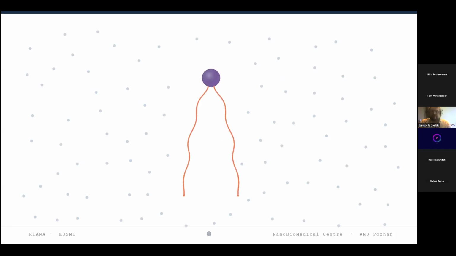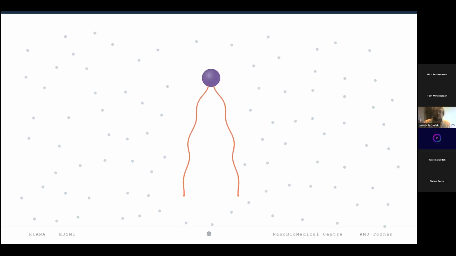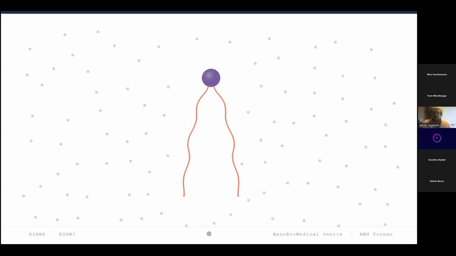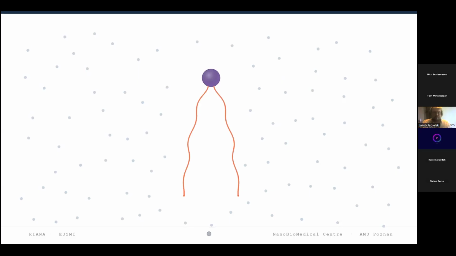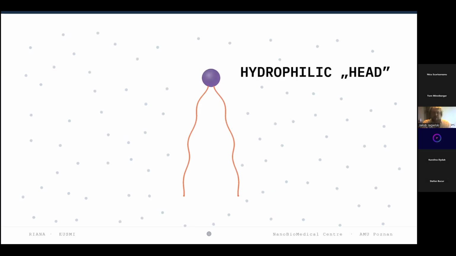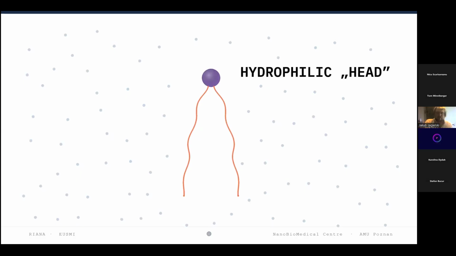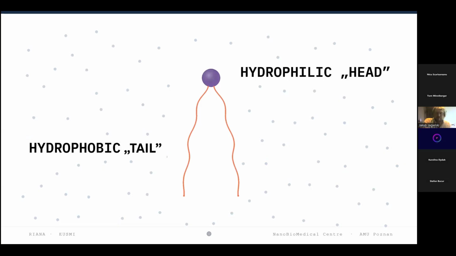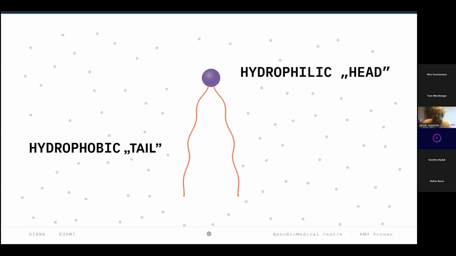We start with a single amphiphilic lipid molecule in a water environment. The molecule consists of 2 distinct regions: a polar hydrophilic head group, which interacts with the water through hydrogen bonding and electrostatic interaction, and a non-polar hydrophobic tail, which is thermodynamically incompatible with water.